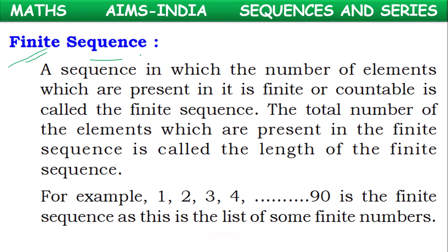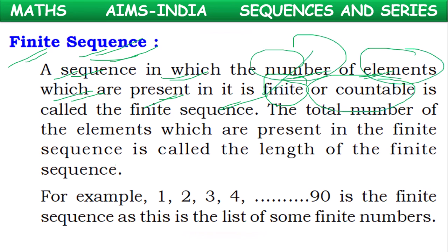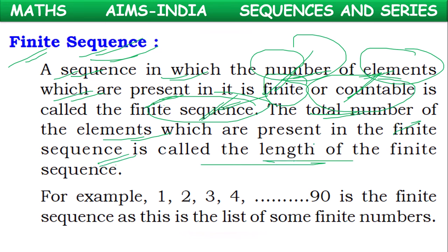So finite sequence. Finite sequence means a sequence in which the number of elements present in it is finite or countable. If the number of elements is finite or countable, then it is called finite sequence. The total number of elements present in that finite sequence is called the length of the finite sequence.